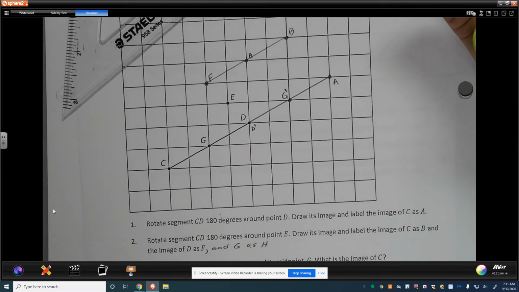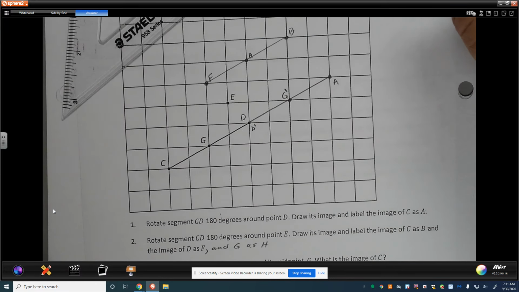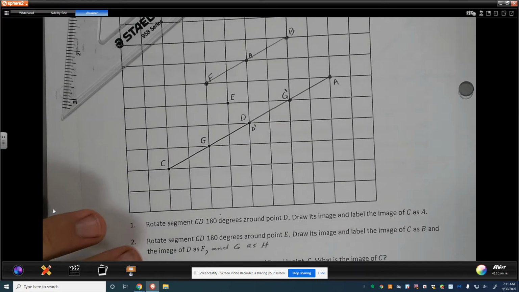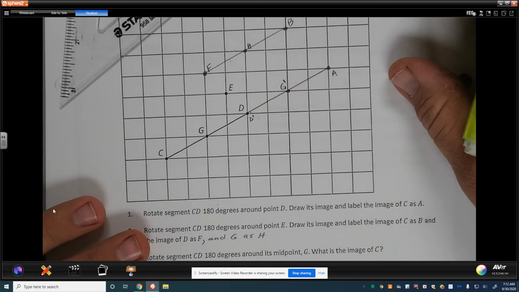If I do a rotation of 180 degrees and lines or corresponding sides of a figure are not parallel to each other, then I did something wrong. That should be a warning to us. A 180 degree rotation always has a consequence of parallel lines.